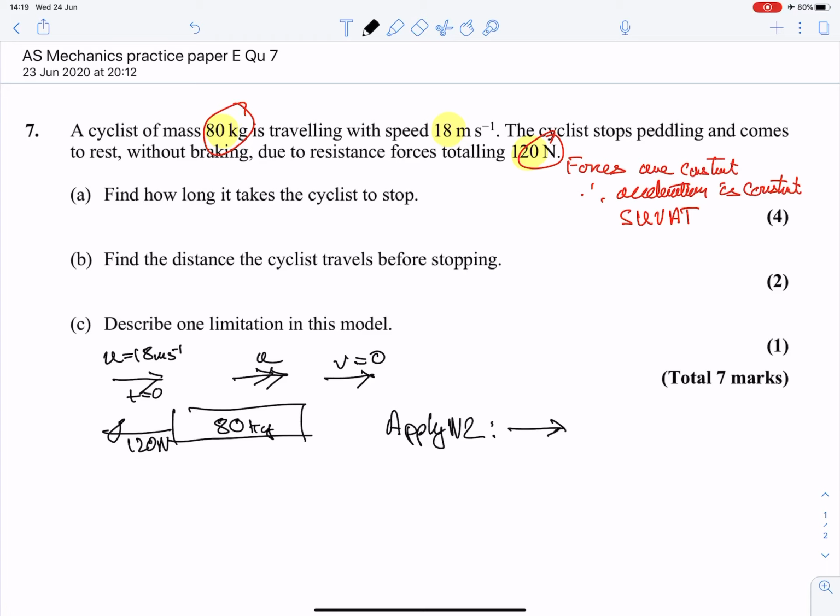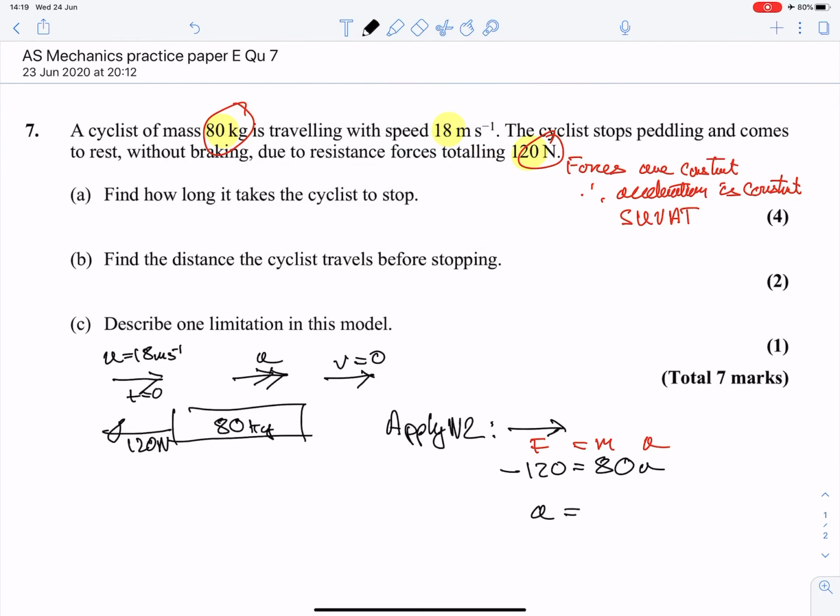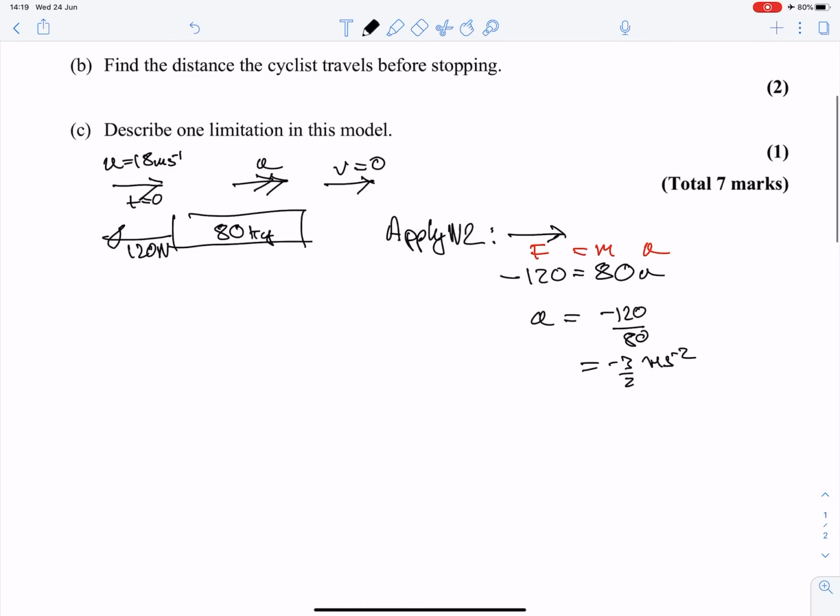So we've got forces: minus 120 is equal to mass times acceleration. That's using F equals ma. So a equals negative 120 over 80, which is negative 3 over 2 meters per second squared.